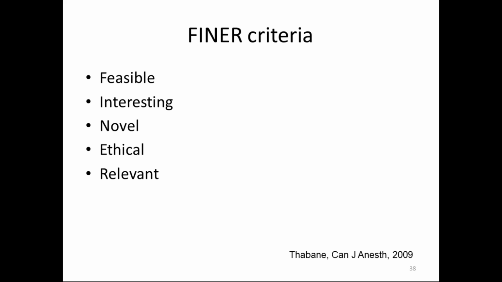Feasibility is going to be relative. What's feasible for a student is different than what's feasible for a junior faculty member versus a senior faculty member. These are relative. We want to add new information, but no one's ever entirely novel. Everyone's building on previous studies.